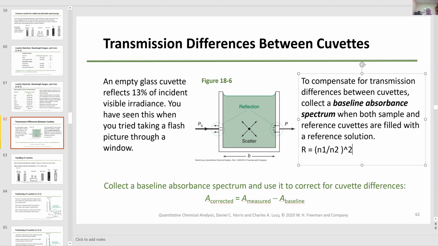But you can see that every time the light encounters an interface, even at normal incidence, there's a reflection, right? What we're showing you here is just the first order reflection. When the light comes in and hits this wall, it reflects back, then most of it is transmitted, then some of it hits this wall and is reflected back.